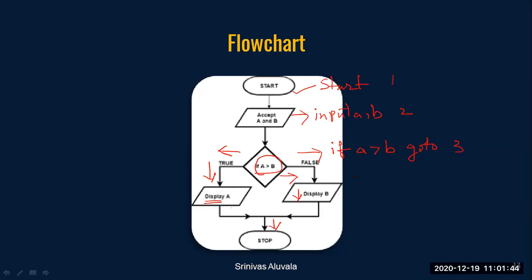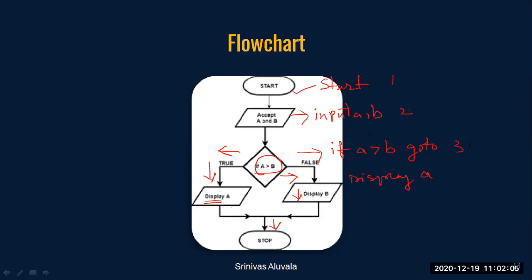Don't get confused. I'm writing step number 4 is display A. If A is greater than B, this go to statement needs to be written. I'll say go to 4.